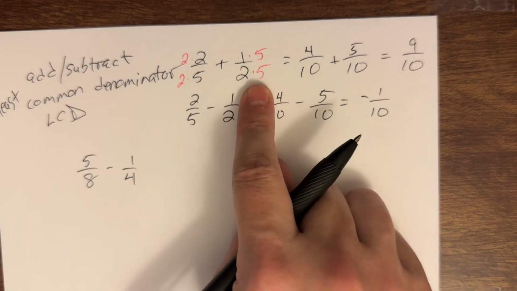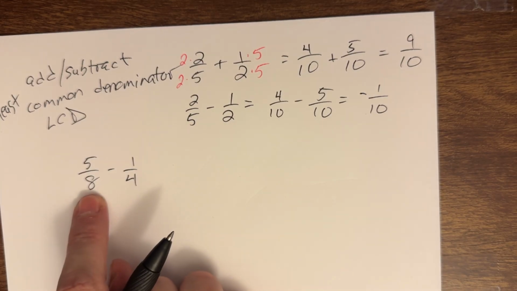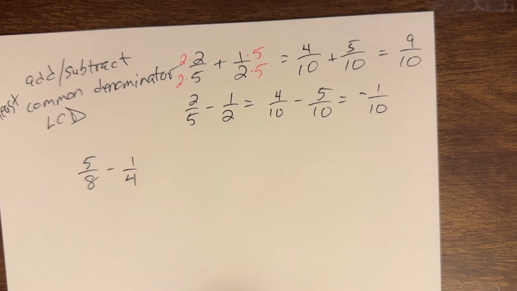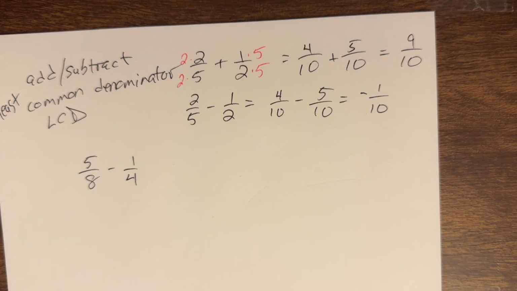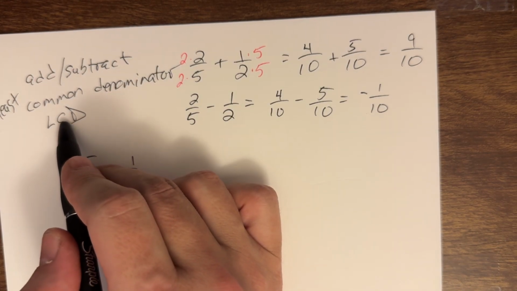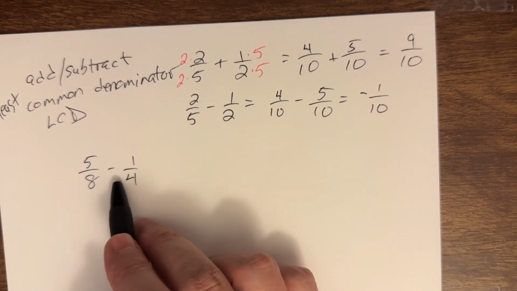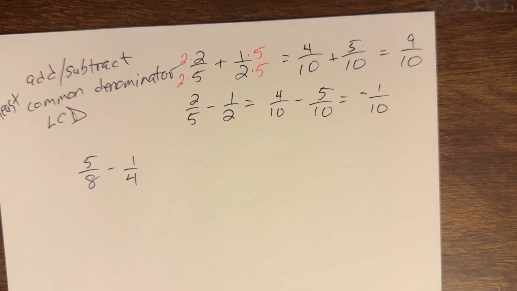If people just see I multiply the denominators together, well, here 4 times 8 is 32, and that's the common denominator. But if we realize, especially focusing on this idea of least, what we're really doing is thinking about the multiples of the denominator and trying to find the smallest one.